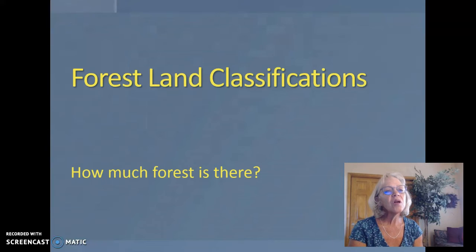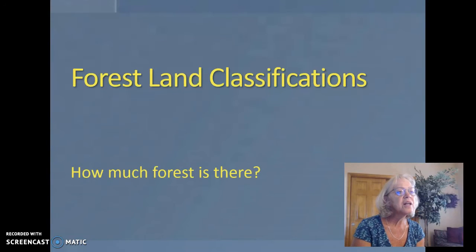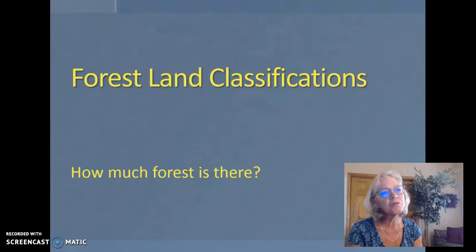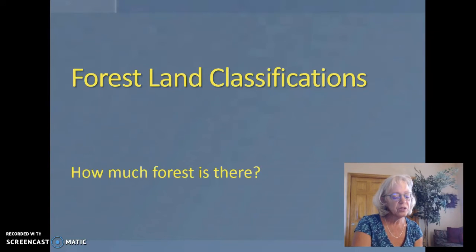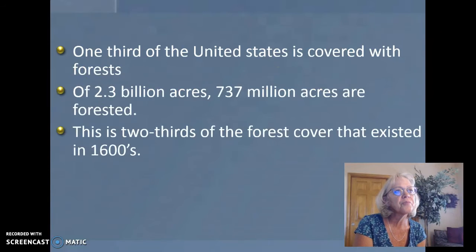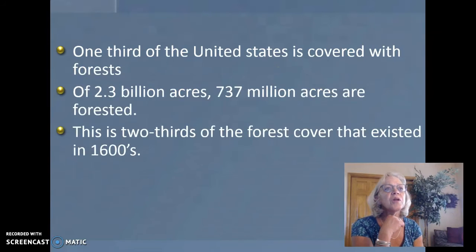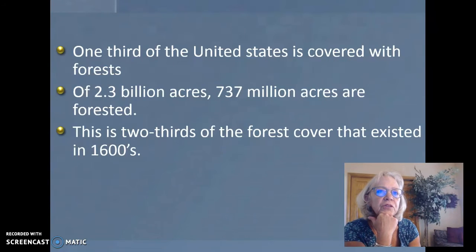Now, if we're going to decide whether we're going to preserve land or manage land, Yellowstone versus Roosevelt Forest, we're going to have to know how much forest is out there. So there's some definitions and terminology you're going to need to learn. To start with, 1/3 of the United States is covered with forests.